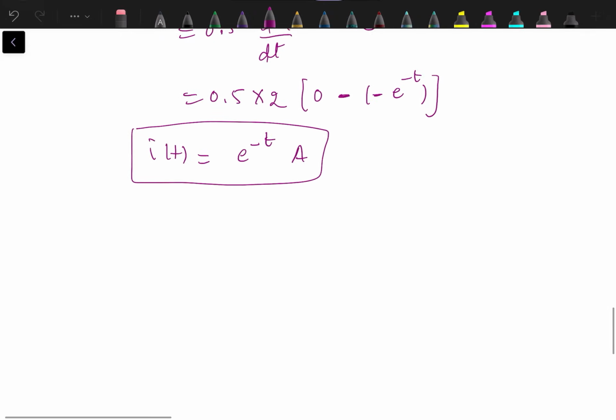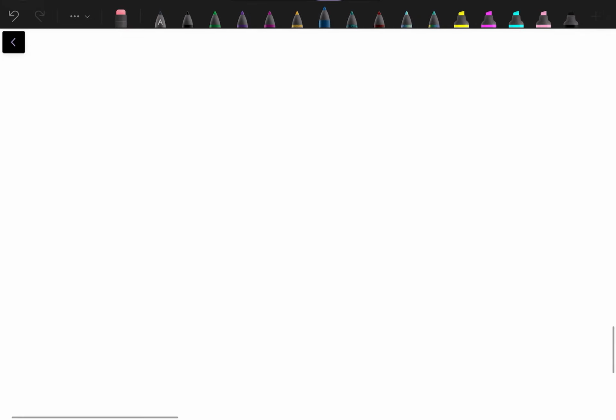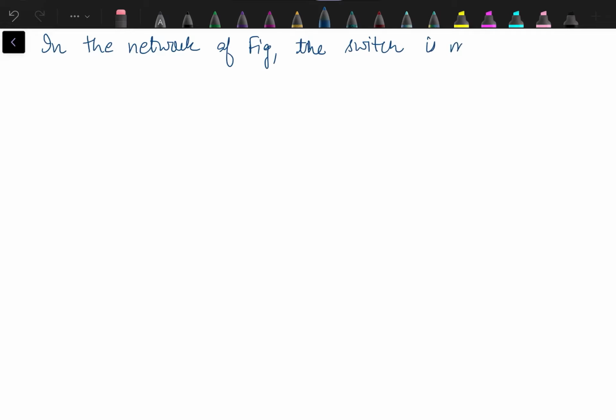Next problem is: in the network of figure, the switch is moved from A to B at t equal to 0. Find Vt for t greater than 0.